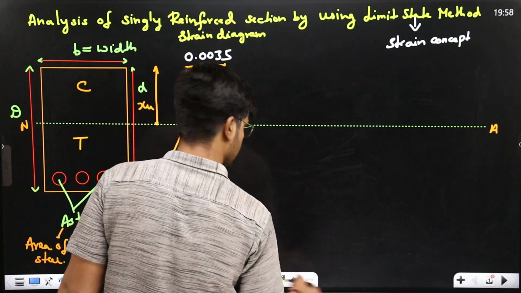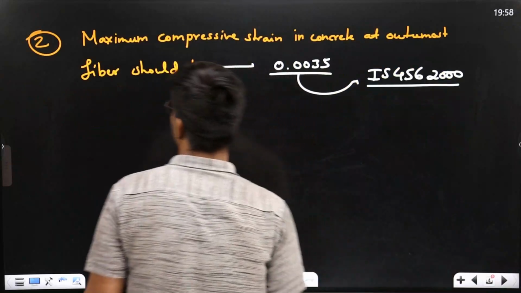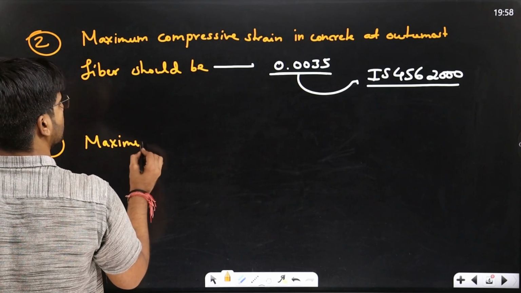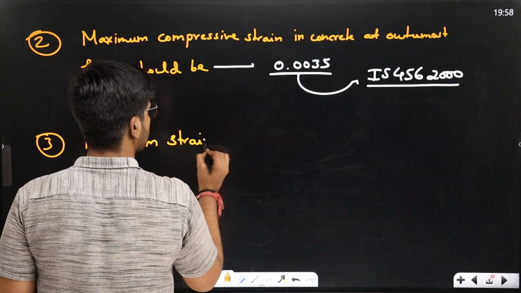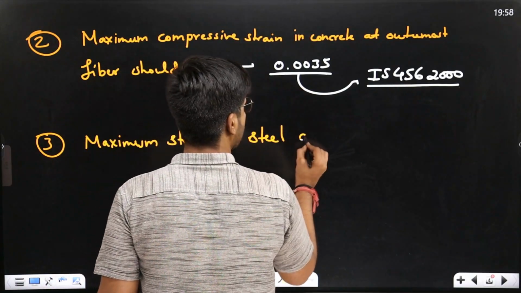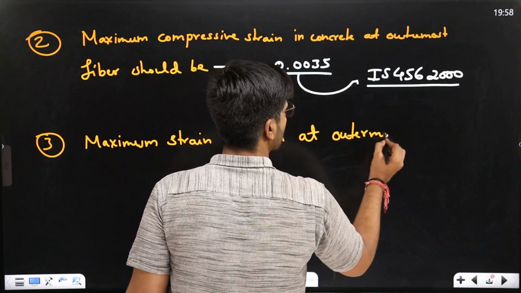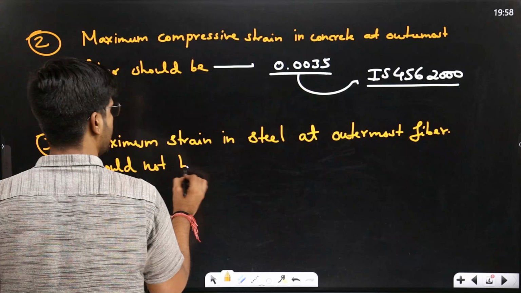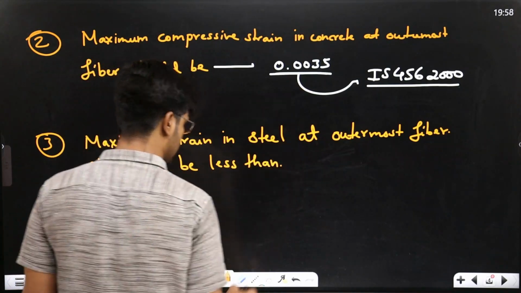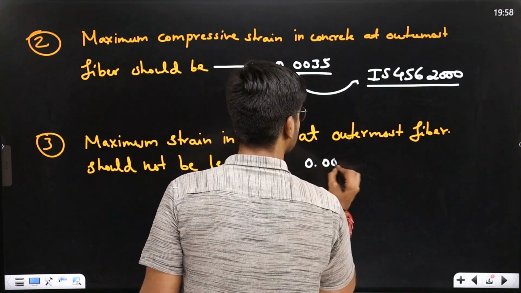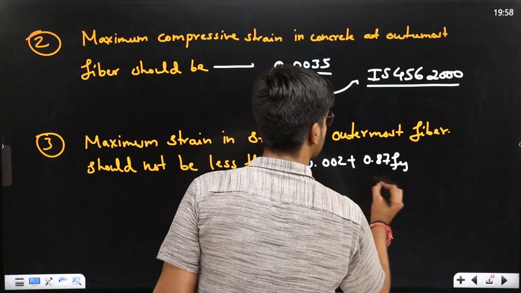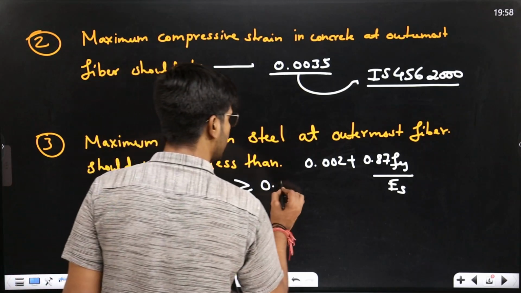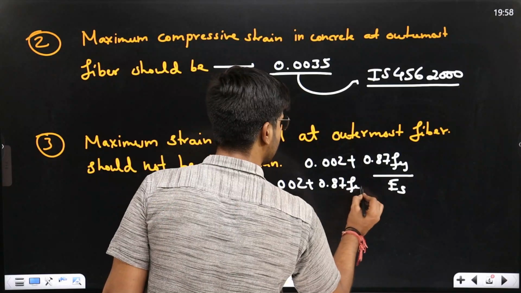So now, the third assumption: the maximum strain in steel at the outermost fiber should not be less than 0.002 plus 0.87 Fy upon Es.